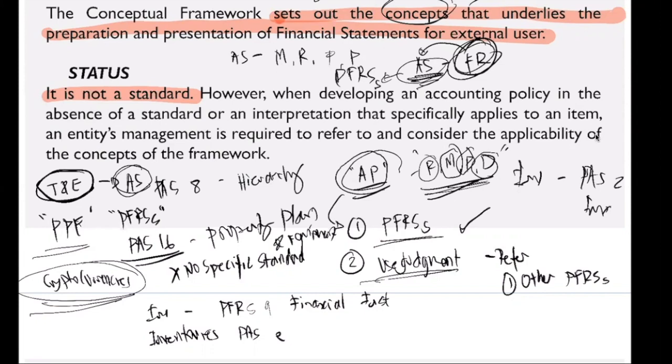Therefore, what do we do? We refer to other PFRSs. So when we talk about other PFRSs, perhaps inside the PFRS, we can apply it to that particular transaction or event. So if we try to look into your different standards, do we have a standard that can apply to cryptocurrencies? Yes, we have. We have PFRS 9, that is your financial instrument.